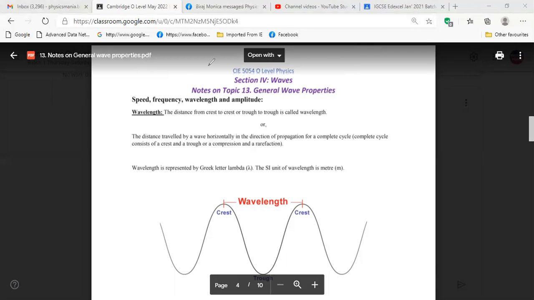Are you done? No, sir. Wait. So wavelength is represented by the Greek letter lambda. You learn how to write it. Lambda. There will be one formula related to this wavelength. There you have to write this symbol.